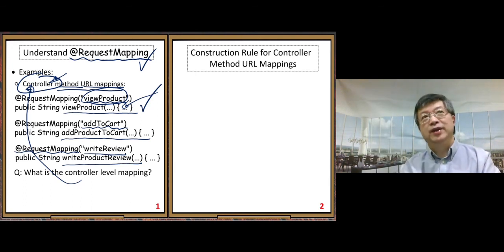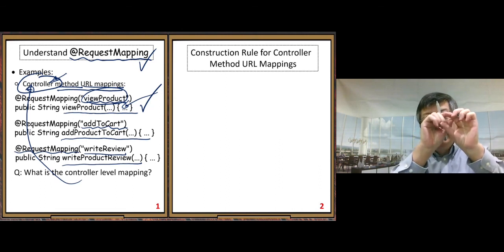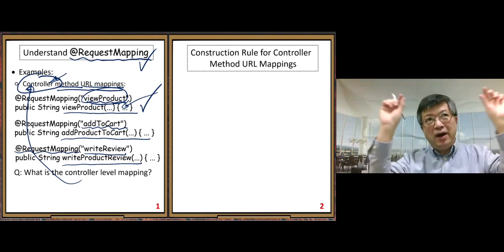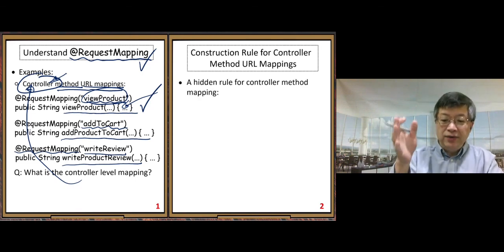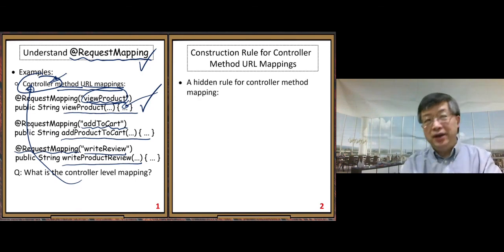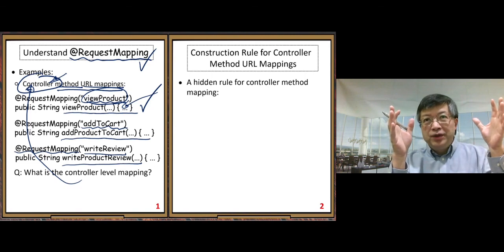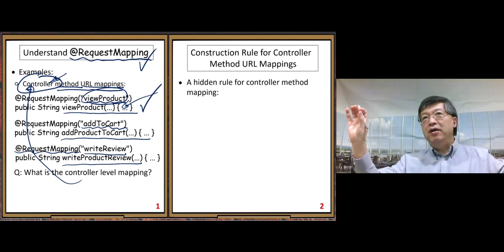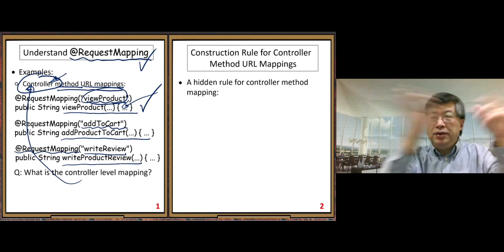So next page, let's look at a construction rule for controller method URL mappings. Construction rule for what? For that URL path format. A hidden rule for controller method mapping. Hidden rule. If you do not learn this hidden rule by just looking at the URL, you may not get the exact way to do the mapping.